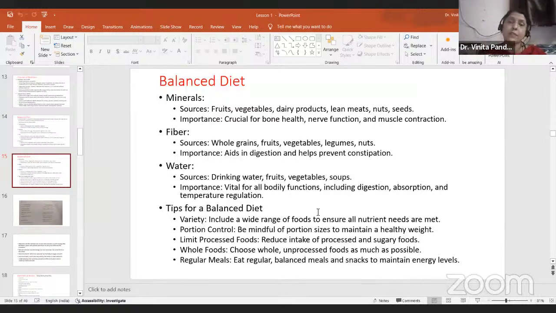As I told you, friends, 70% of human body composition is water. So, consuming the right amount of water is extremely critical for physical health as well as mental health of people, and for digestion, absorption, and temperature regulation.